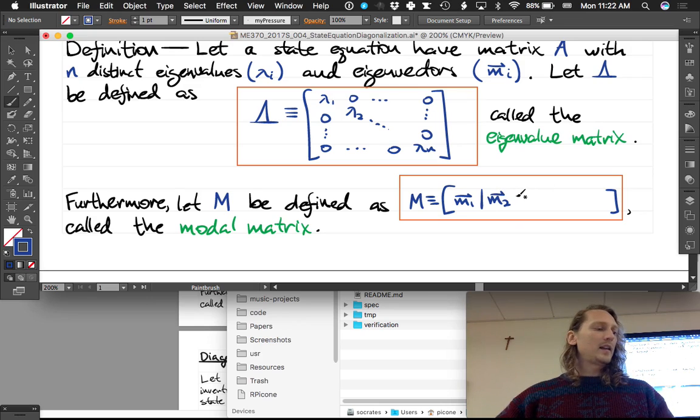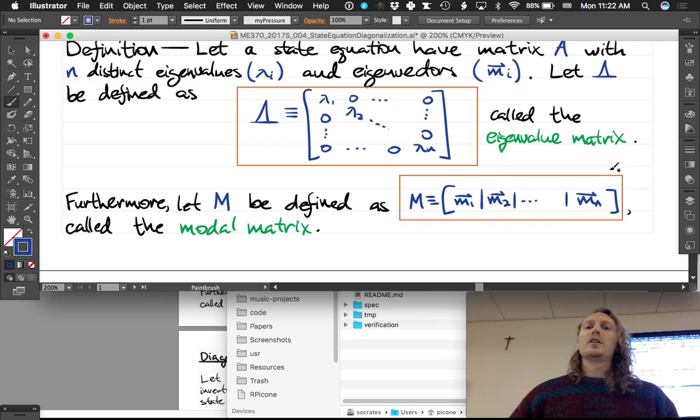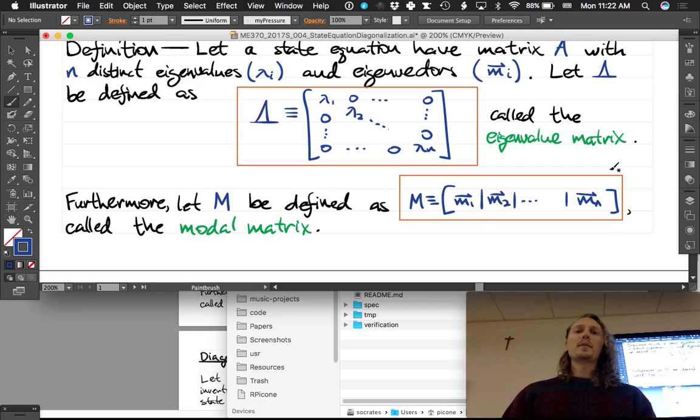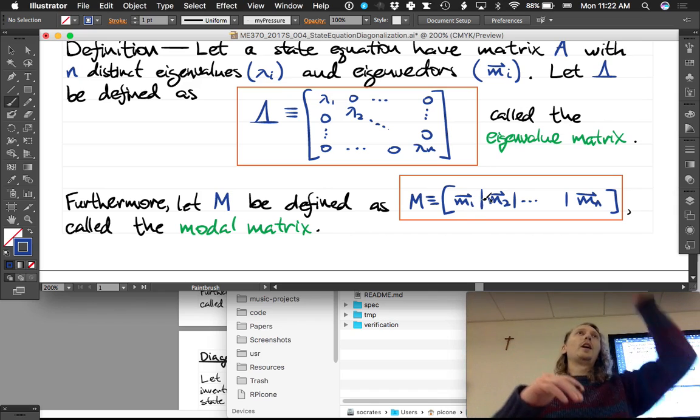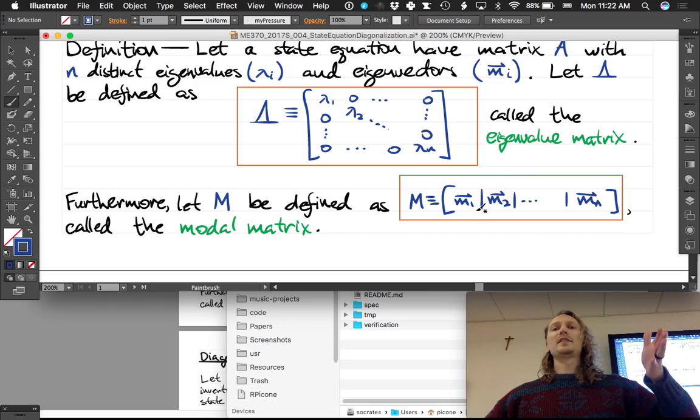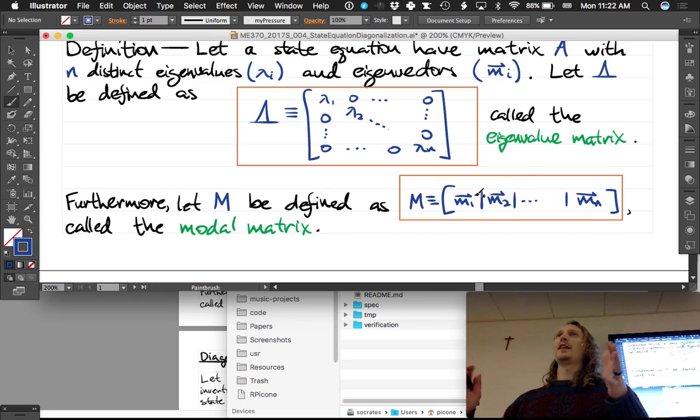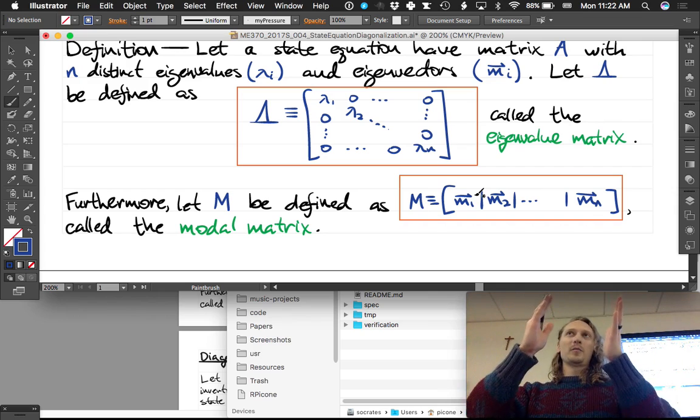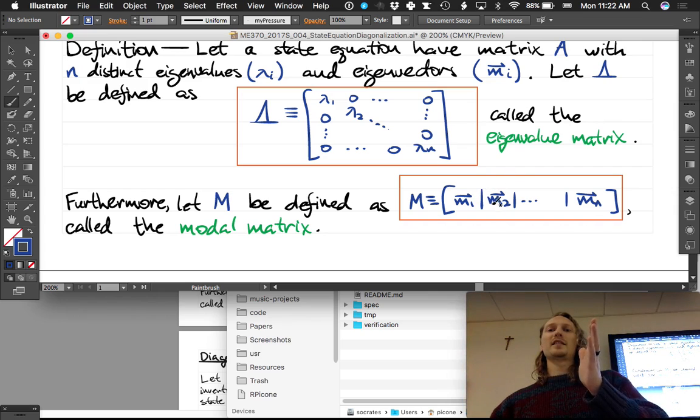These are the eigenvectors that we're putting into this thing, all the way down to mn. These eigenvectors, we'll represent them as column vectors, okay? And if you put a column vector in here, it takes up a column of the matrix. These little separators are just supposed to denote that you're putting in a vector as a column, and then the next vector is the next column.